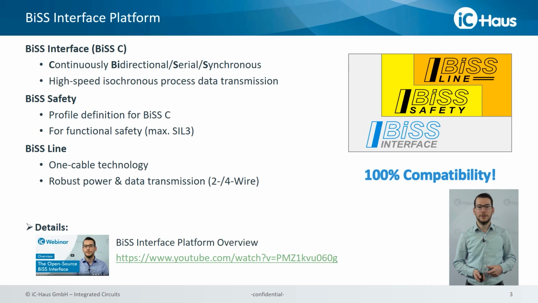It enables you to use the BiSS interface in safety-critical applications up to SIL3. And recently, we have introduced the one-cable technology BiSS Line, which enables you to use the BiSS interface features for robust power and data transmission over just 2 wires.